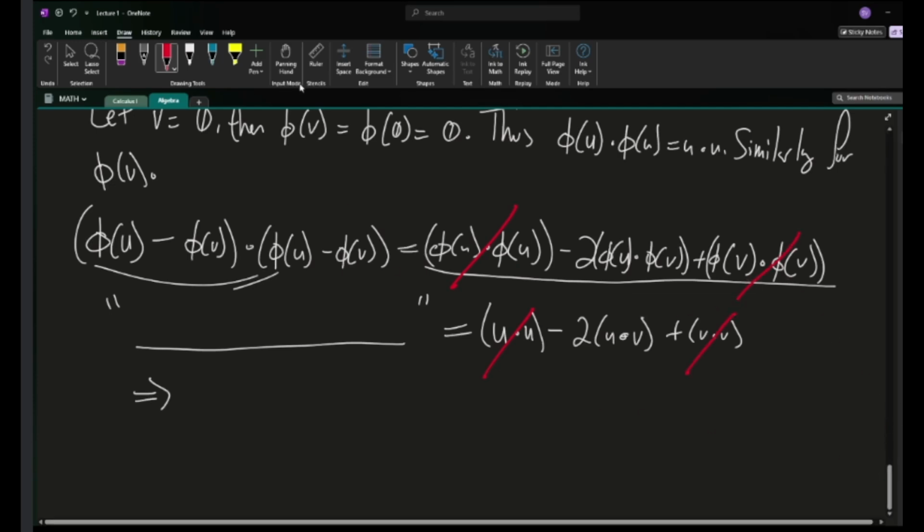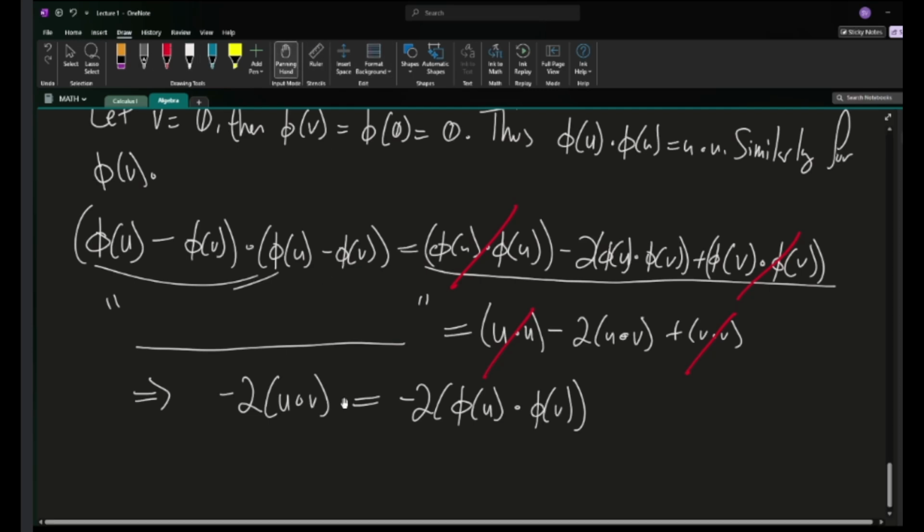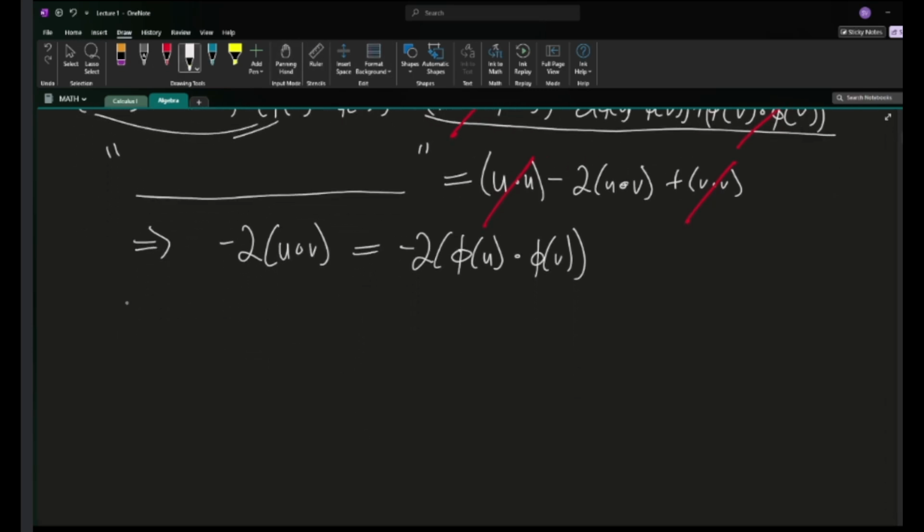And in fact we're left with negative 2 u dot v is equal to negative 2 phi of u dot phi of v. Hence, it does preserve dot products. All right.